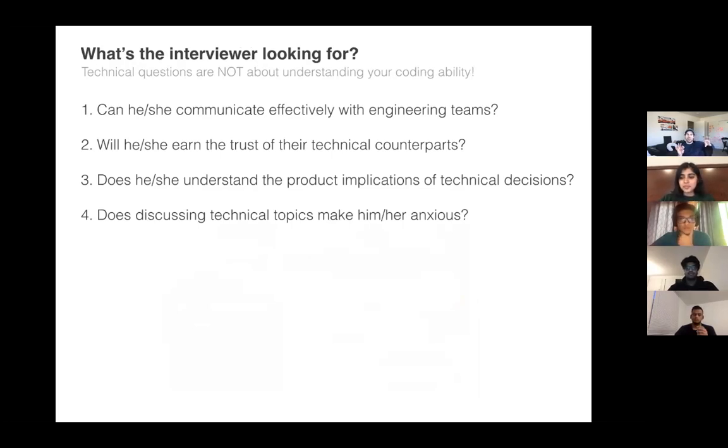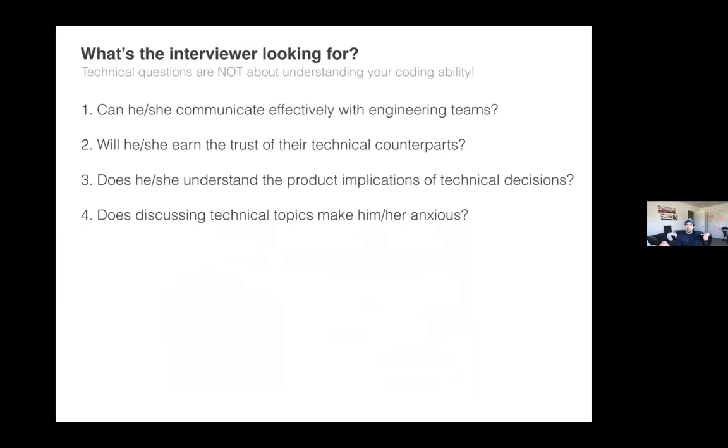Some of them bleed together a little bit, but the first, pretty concretely, is that the reason companies ask technical questions of PM candidates in interviews is almost always to understand if the candidate can communicate effectively with the engineering team, not to understand if this person is a great coder. Like, is this person going to write the best code we've ever seen?